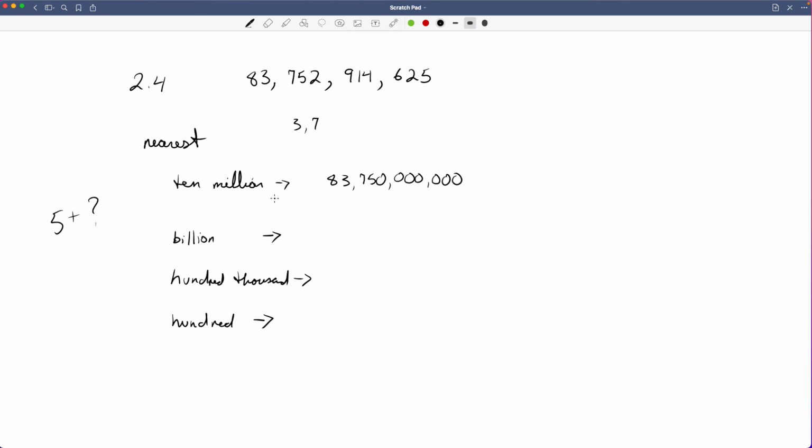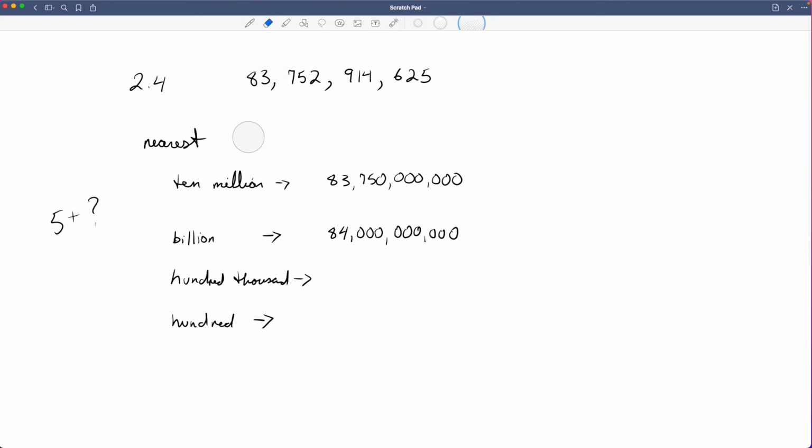It's a 7, right? Is this number 5 or more? It is. It's 7. So yes, we would round this number up. So we would round this number to the next number up, which would be 4. And then we put zeros in all the other places. So that'd be 84 billion when we round this number up to billions.